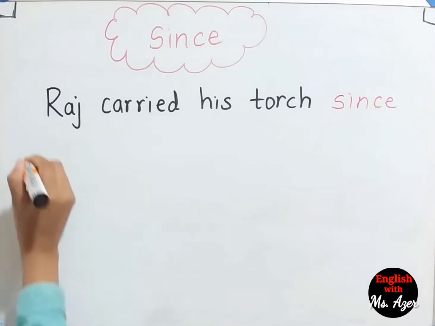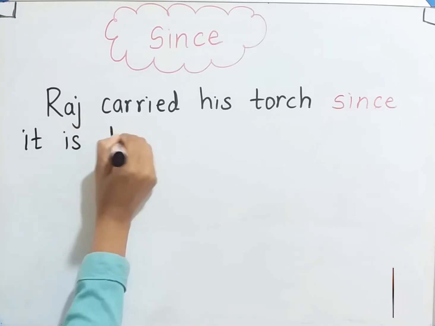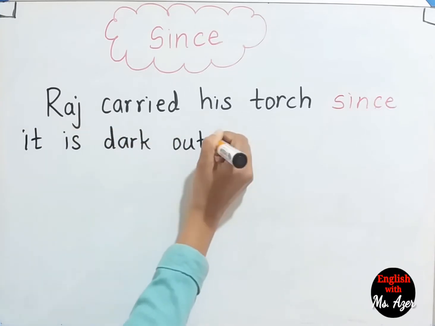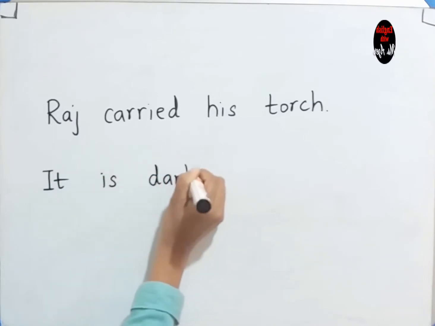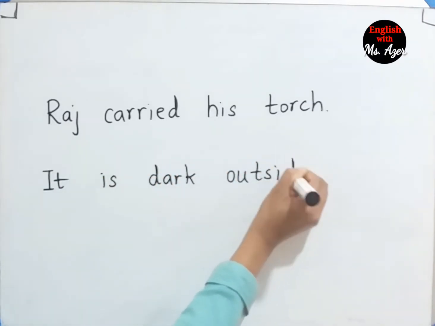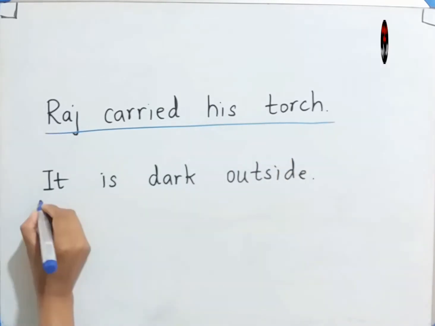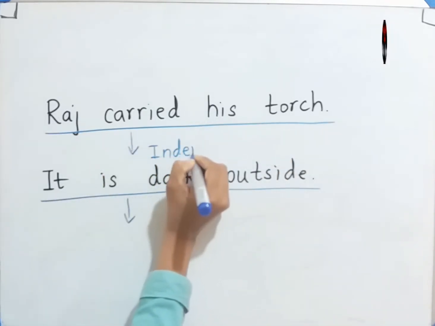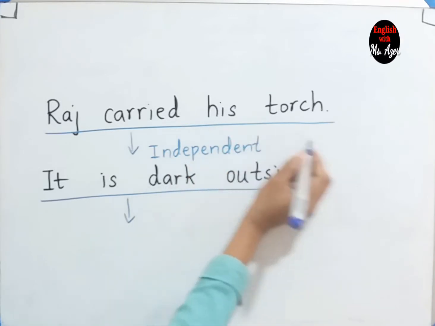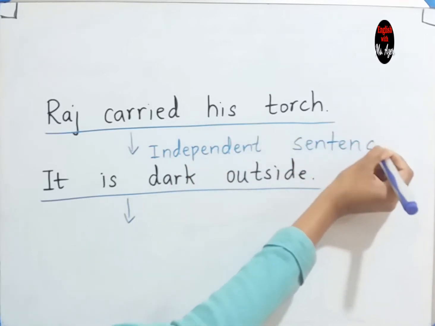Raj carried his torch since it is dark outside. Now, let's see the clauses of the sentence. As Raj carried his torch is a meaningful complete sentence, it is independent.